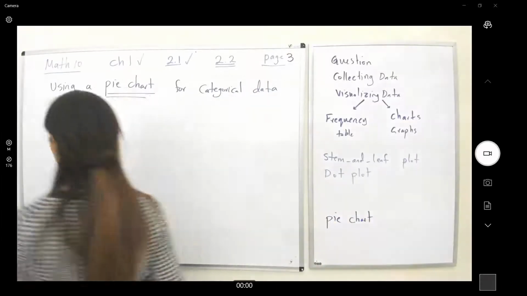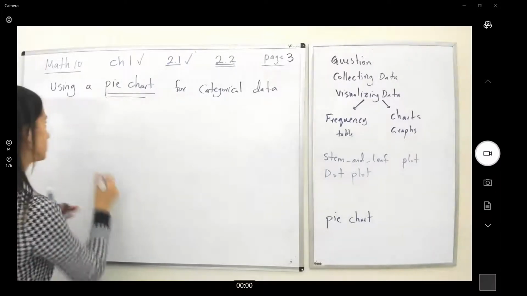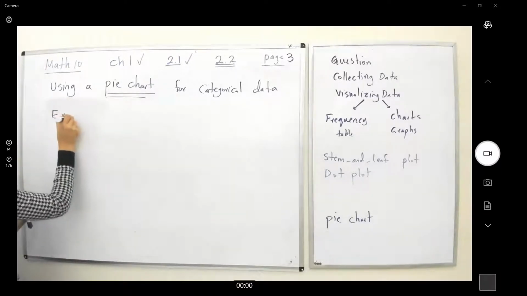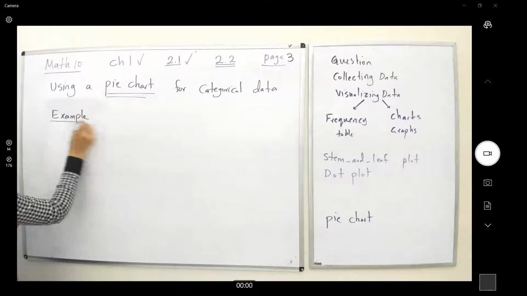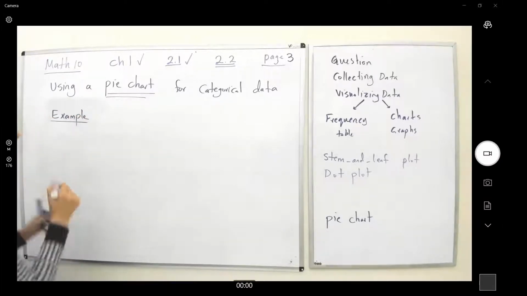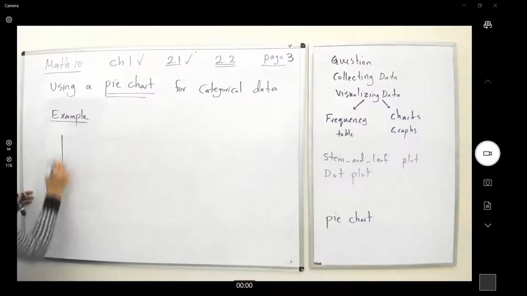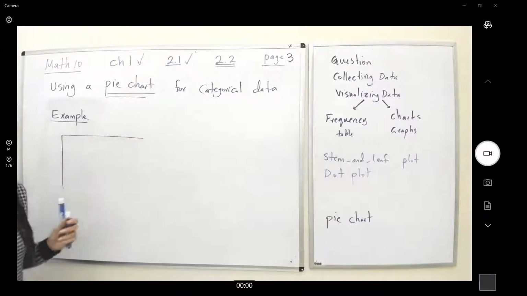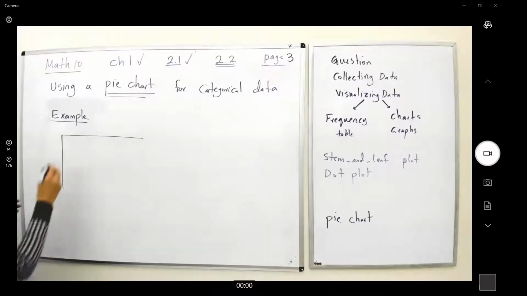So how do you form a pie chart? Let me write down the categories that we have and I show you how to construct a pie chart. So here you have categories which are type of degree.